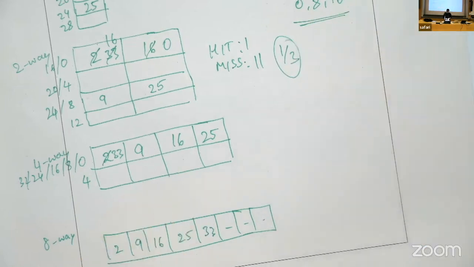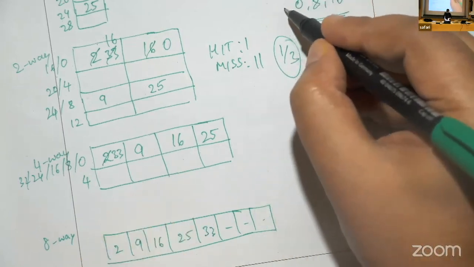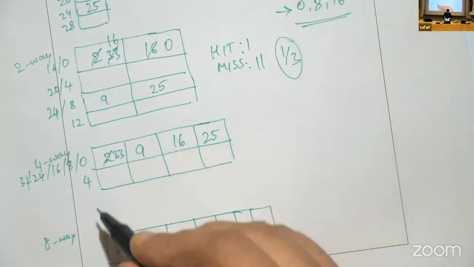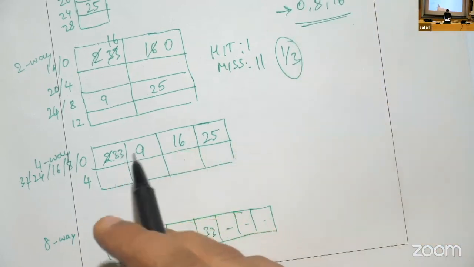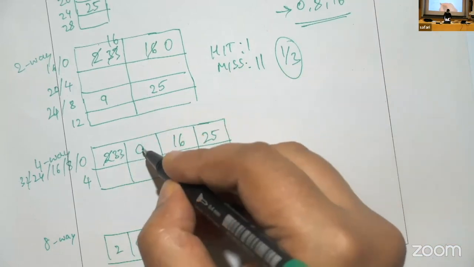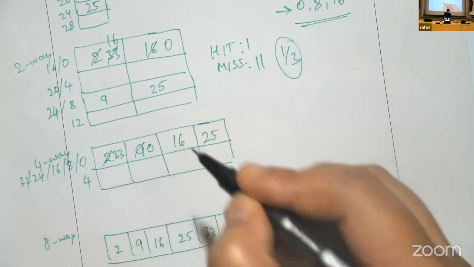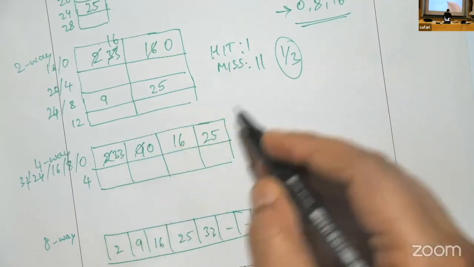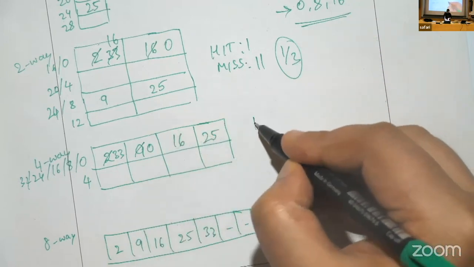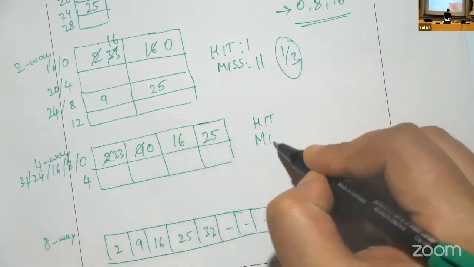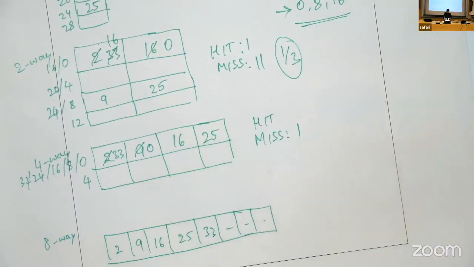And then if you go to 4-way, and we are accessing 0, 8, and 16, 0 is currently not available in the cache block. So we'll replace 9 with 0 because of FIFO. So you'll have 1 miss.